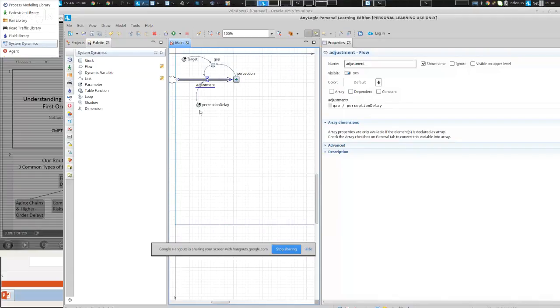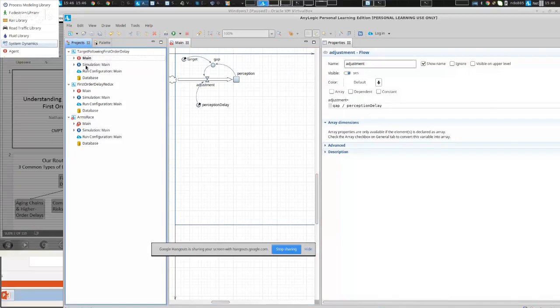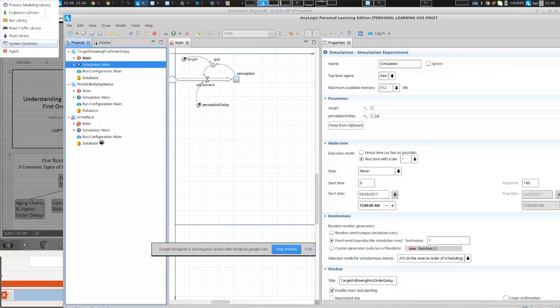Suppose perception delay is really small. How quickly will our perception adjust? Much faster, right? The gap between the target and perception will be picked up, and it will lead to quite a big change to perception to bring it in line with the target. Okay, so let's go run this thing. Here we go. Run. Boom. Okay.